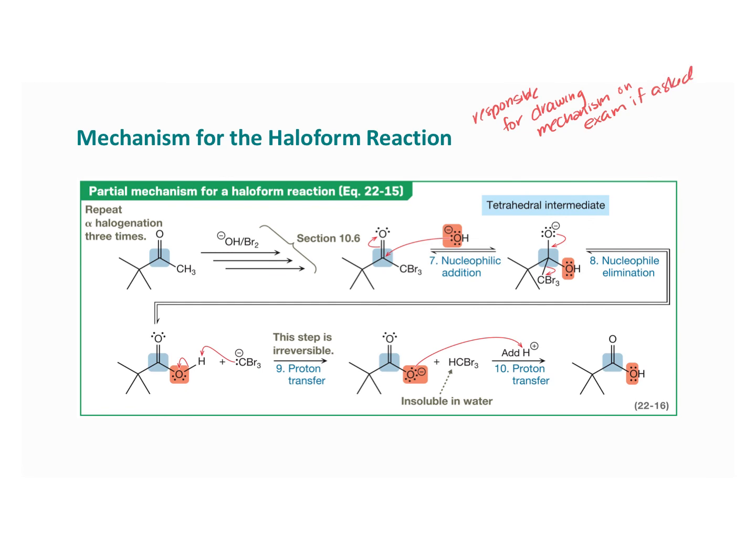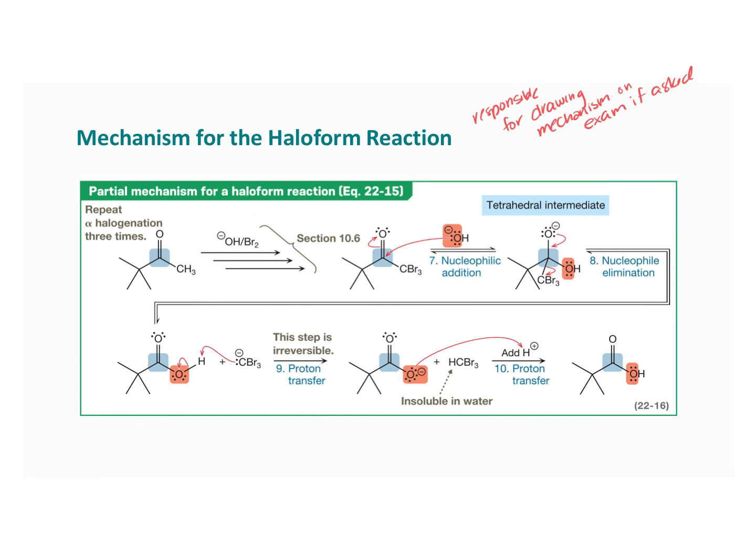But I do also want you to get some experience reading mechanisms, because this would be like a mechanism we would see in a paper. And so I want you to have some experience in how you would read this.